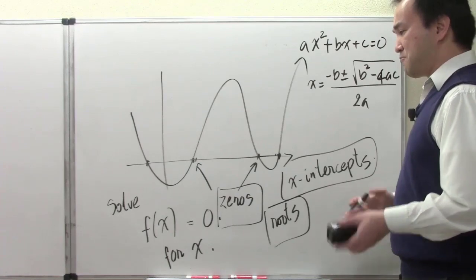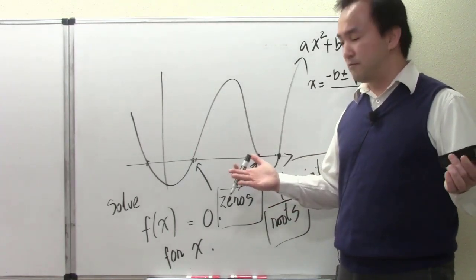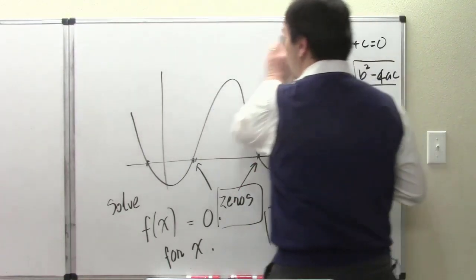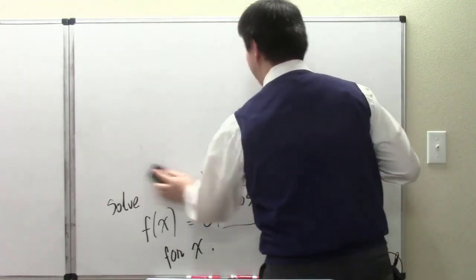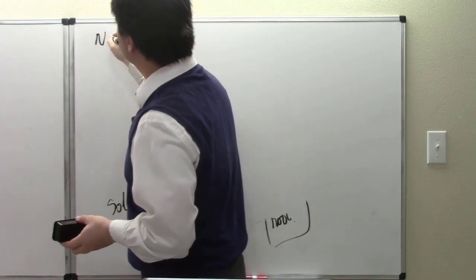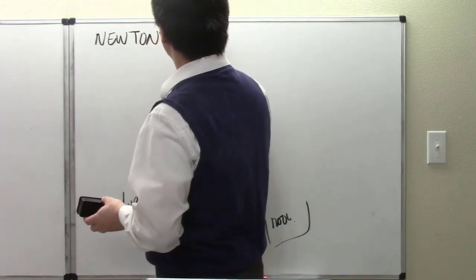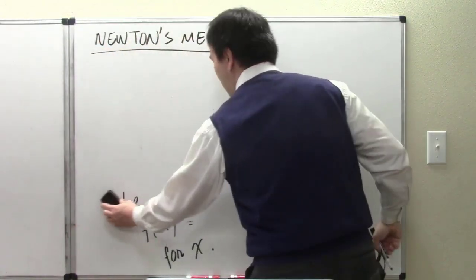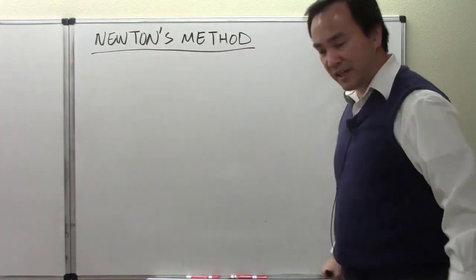So what I'm about to introduce, among so many different numerical methods, so many different approximation methods out there, is Newton's method. I'm only saying that this is just one approximation method among many.